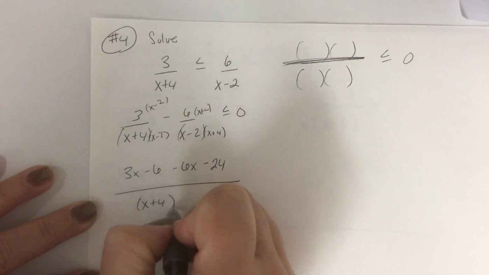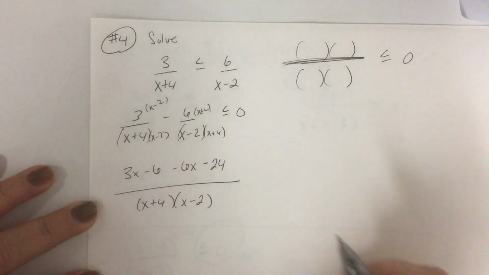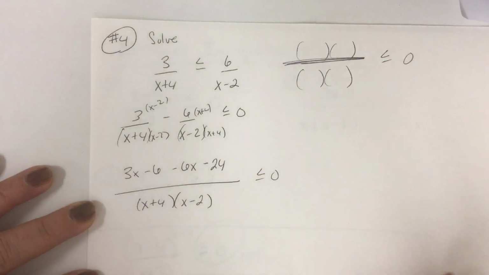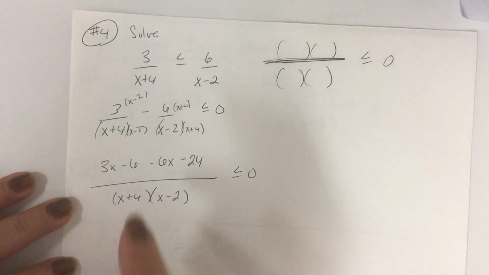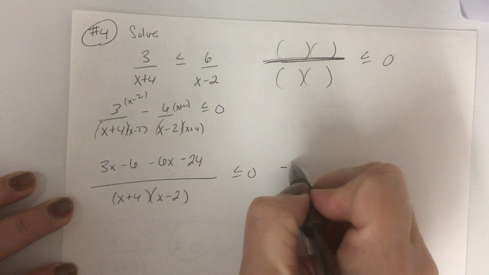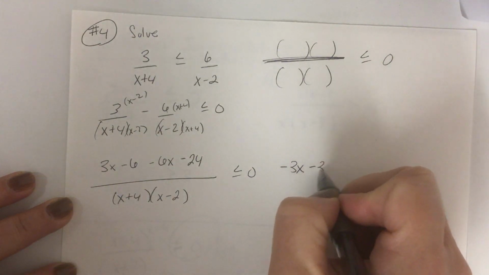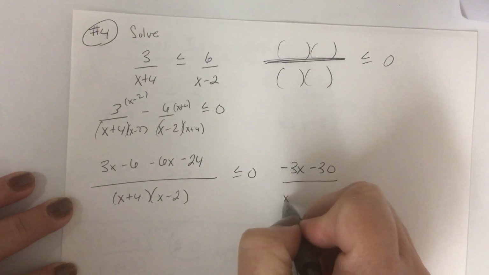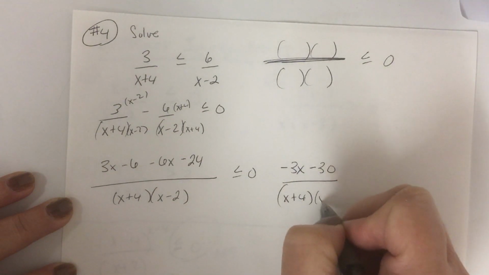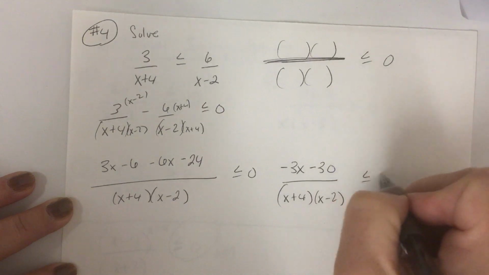So x plus 4 times x minus 2, and that's less than or equal to 0. Then combine like terms. 3x minus 6x is negative 3x, negative 6 minus 24 is minus 30, and then you still have your x plus 4 and your x minus 2 on the bottom.